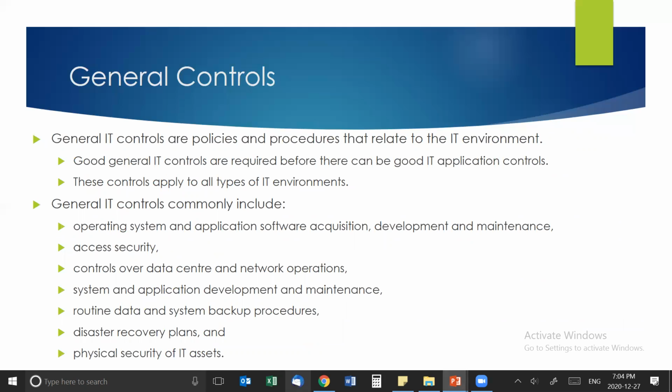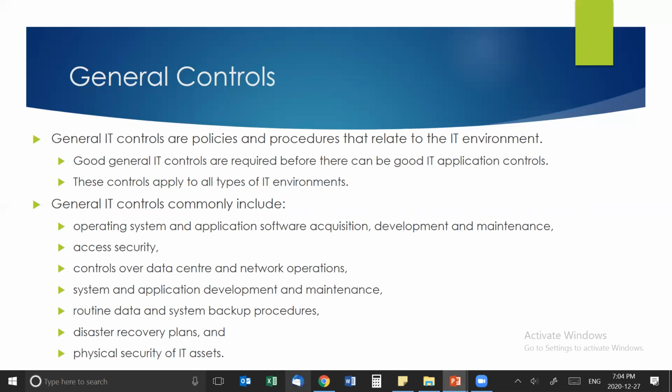Having good general IT controls is required before you can have the application controls. General IT controls are around the operating system. Who has access to the operating system? What type of passwords are there? Are they strong passwords? Are there controls over the data center and maintenance?